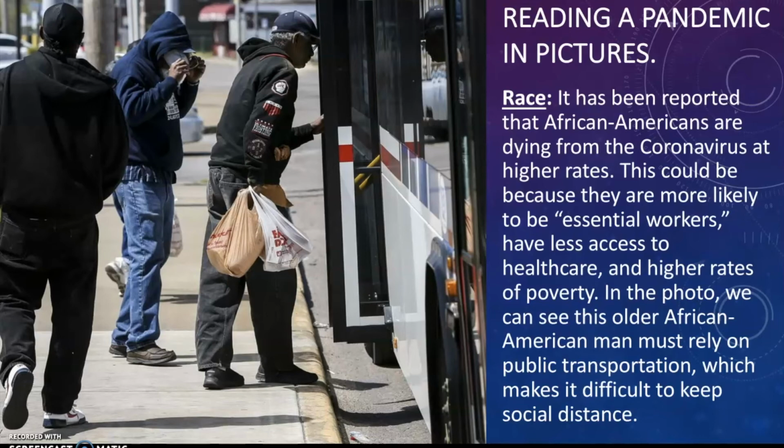We can see that he must rely on public transportation, which makes it difficult to keep a social distance. So while you can see that it's just people standing there waiting to get on the bus, you can look at this from the perspective of race and bring up these points about African American higher death rates and how when they're essential workers, it's difficult to do social distancing and protect their own lives.